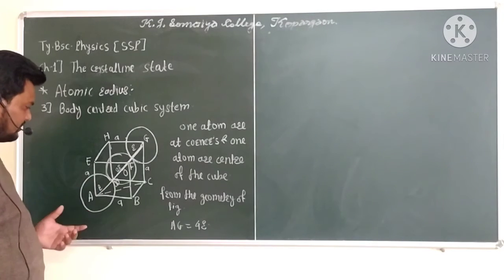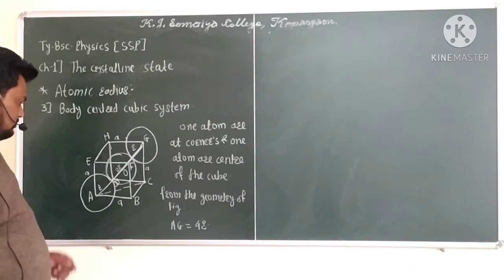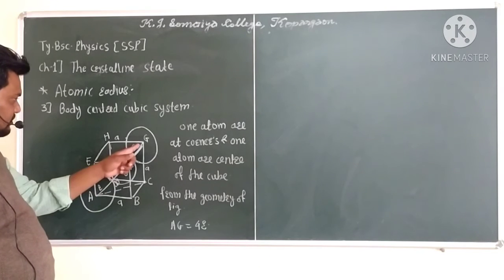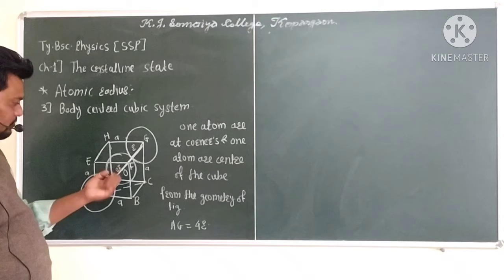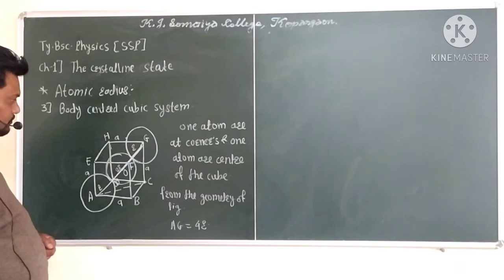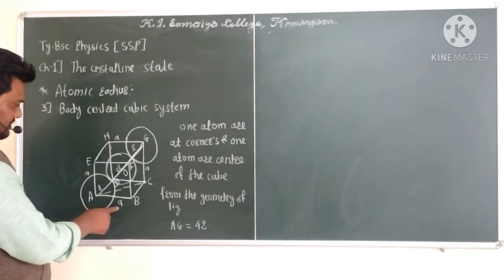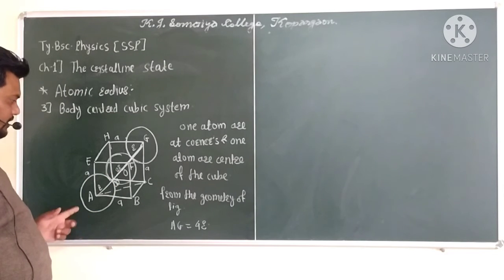Consider these 3 atoms which are neighboring each other: the radius of this circle is R, this is R, and this is R plus R, that is the diameter, which is 2R. This side is A, this A, this A, and this A, and this center point is considered as OA.